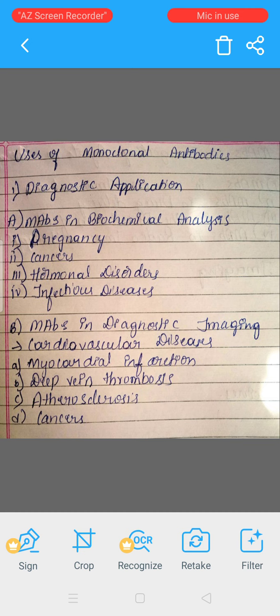Diagnostic tests based on the use of monoclonal antibodies as reagents are routinely used in radioimmunoassay and enzyme-linked immunosorbent assay in the laboratory.